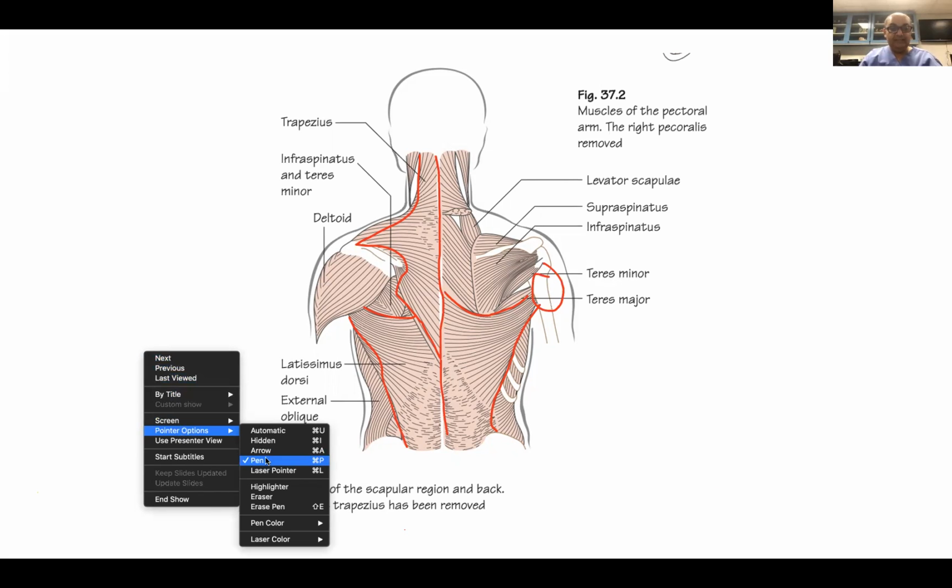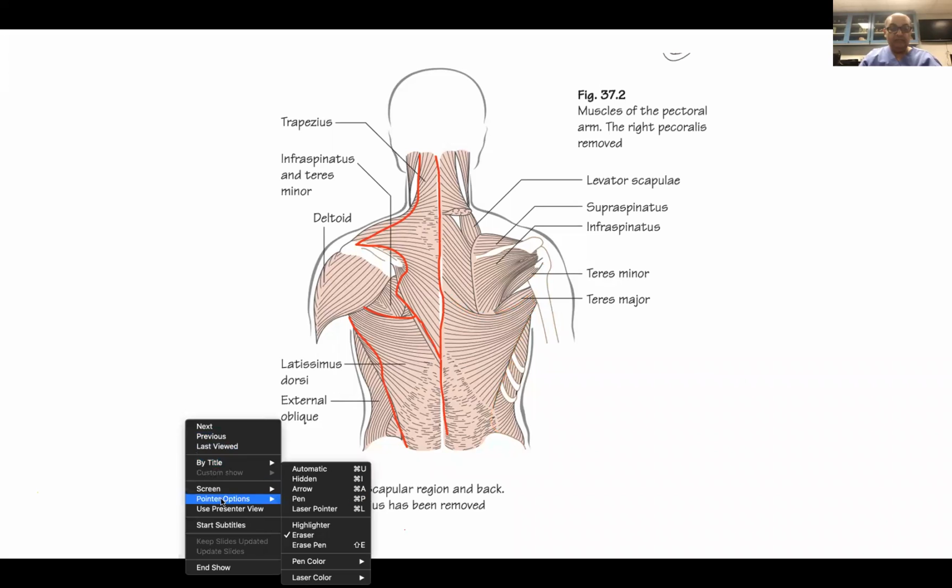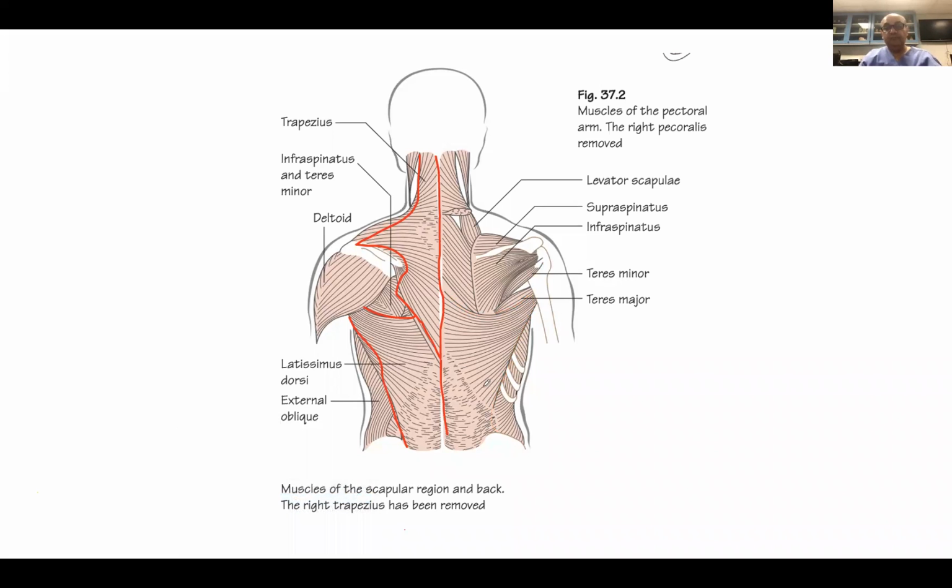Now let's move to, I need an eraser because I have drawn a lot here. Okay, so let's talk about, guys, these were the superficial, these are the deep. Because when we remove the superficial, then you can see the deep. So underneath, you can see number one, levator scapulae.